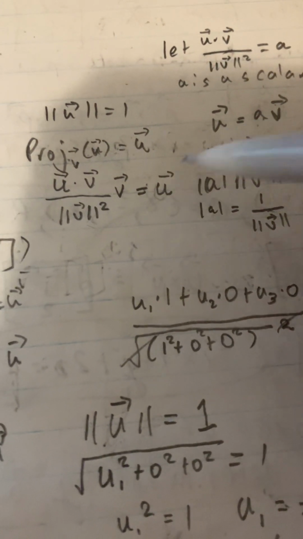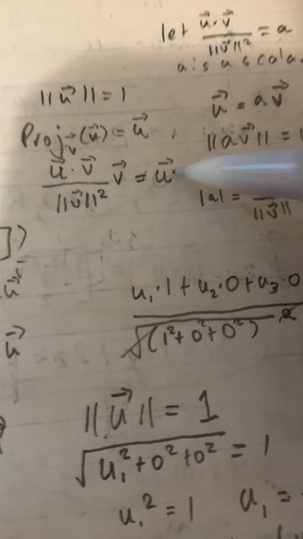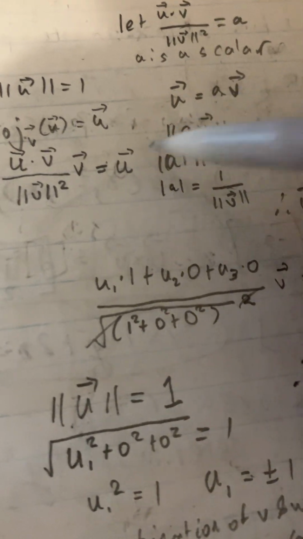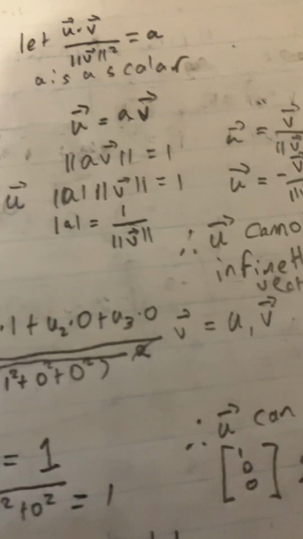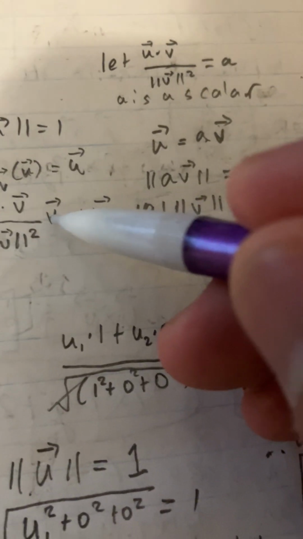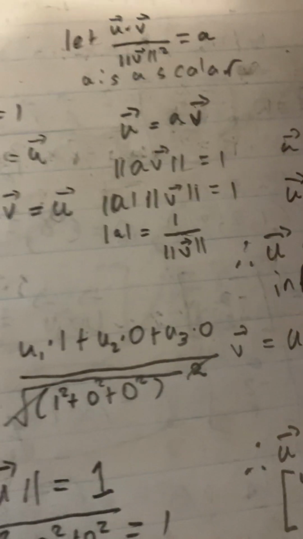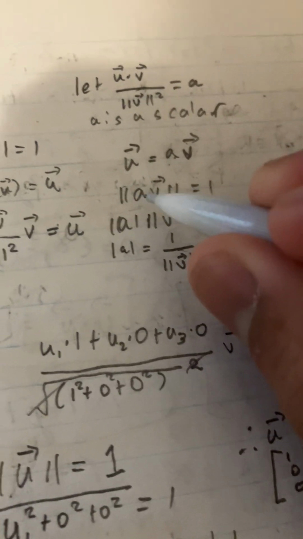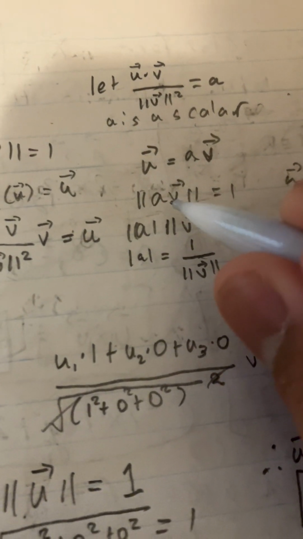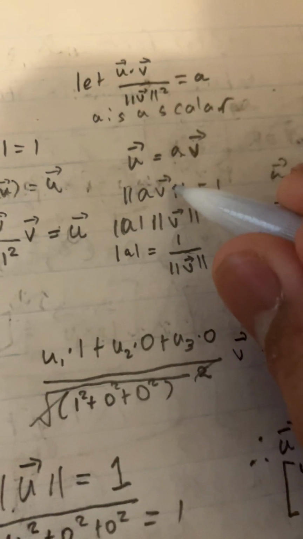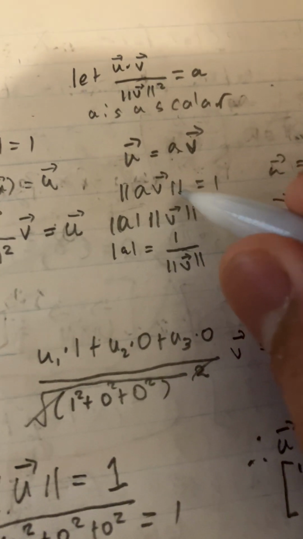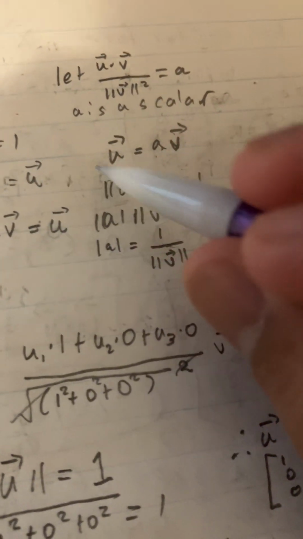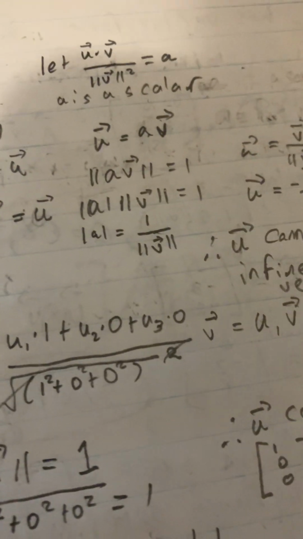So u is going to be equal to a scalar times v. Let's just assume that the scalar is a. So the magnitude of a times v is going to be equal to 1, since the magnitude of u is equal to 1.